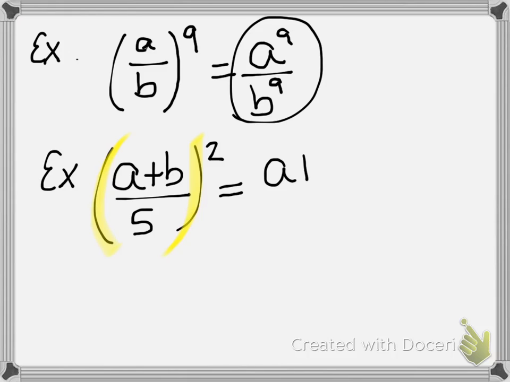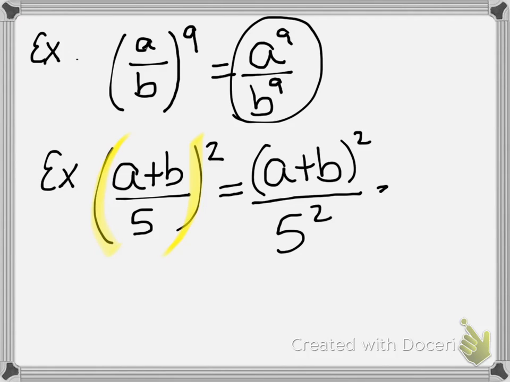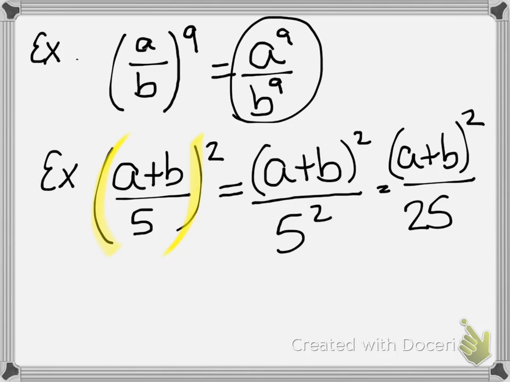So I have A plus B, and that's squared, over 5 squared. Well, 5 squared can still be simplified, so I can call that 25. But I can't really do anything with the A plus B because, again, you can't add unlike terms. And because it says A plus B, then you're stuck. You have to leave that. So that would be my final answer.